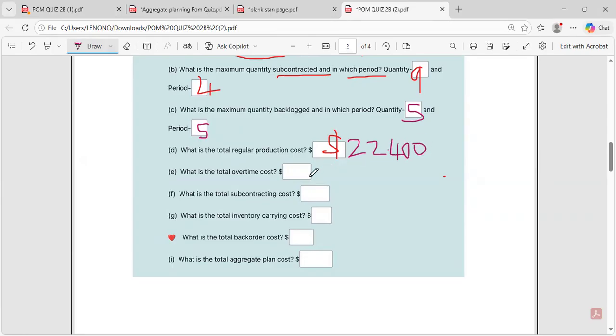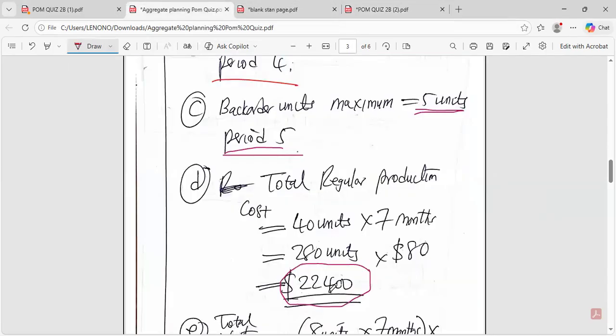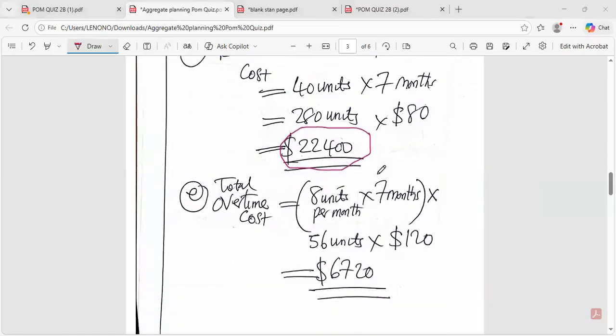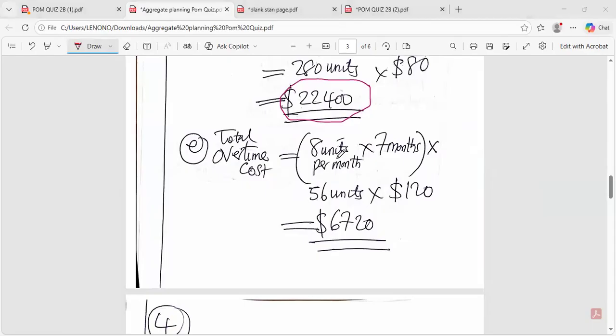Then the total overtime cost is equal to 8 units per month times 7 months, which is giving us 56 units times 120.